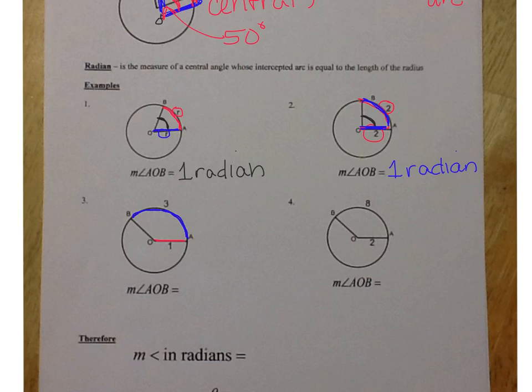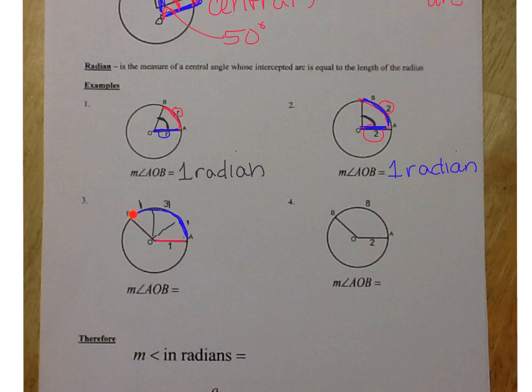So I would want to make them equal, because remember, a radian is when the arc is equal to the radius. So what I could do is take the arc and break it up into groups of 1. This piece would be a length of 1, this arc here is 1, and this arc is 1, so the whole arc has a length of 3, right?